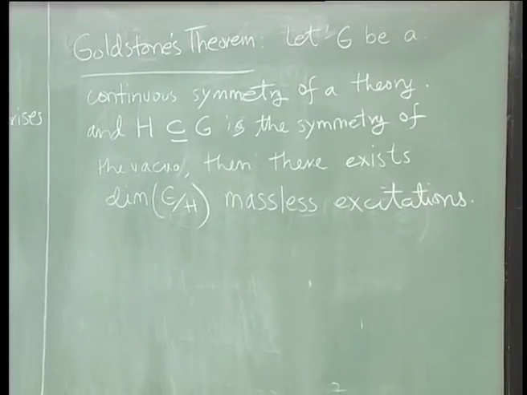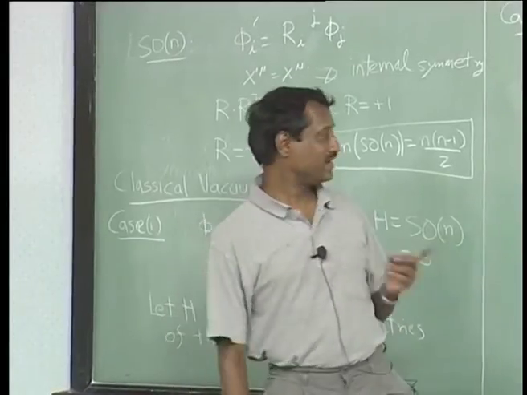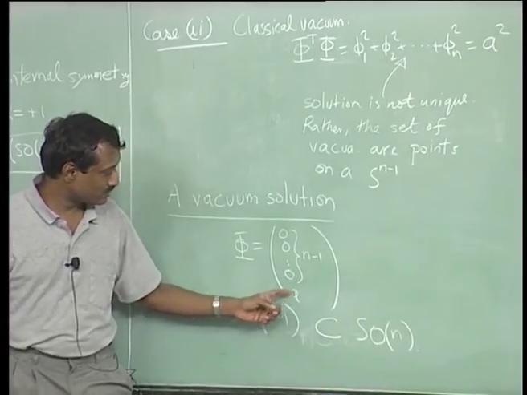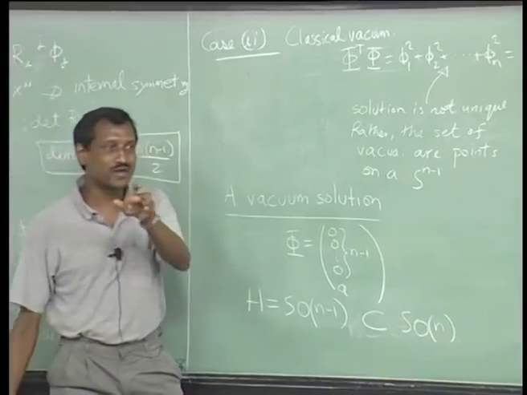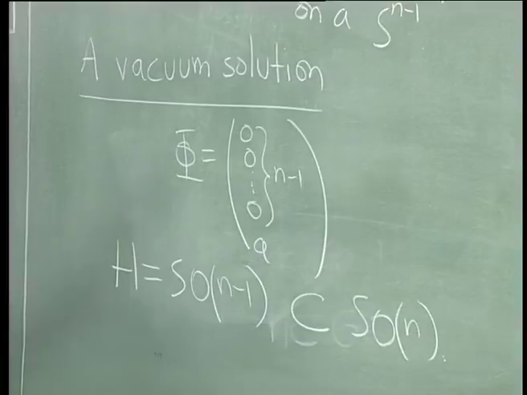By massless it means excitations which do not cost you energy, but that makes sense, right? If I am going to go from here to something where I do a slight rotation where it turns on something else, I can always do that infinitesimally, and energy does not change. So that is what one means by this.